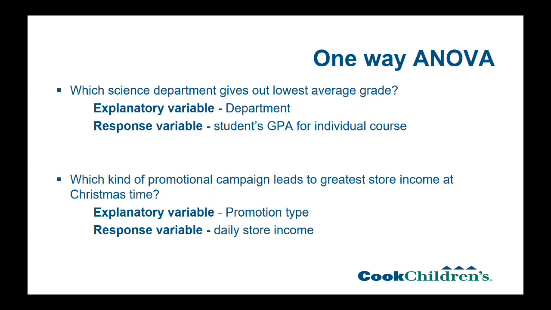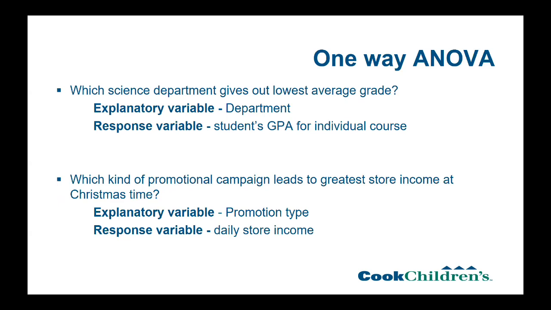So let's look a little bit more at one-way ANOVA. Giving some examples, which science department gives out lowest average grade? The explanatory variable in this case is the department, or the independent variable, where the response variable is the student GPA for individual course.